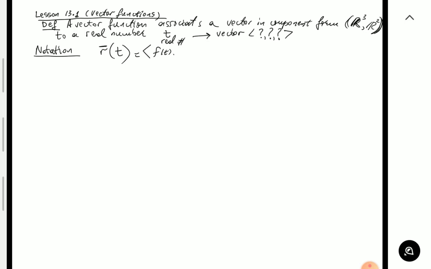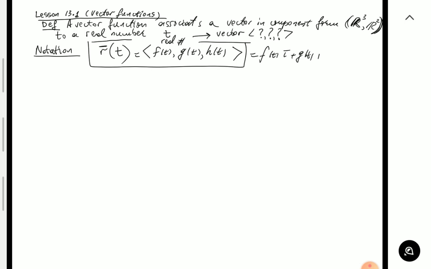So you're going to represent this by old-fashioned real valued functions, let's say f of t, g of t, h of t. All right. So to each t, you're going to associate a vector, whose components will depend on t as well. And obviously, if you want to use the standard basis notation, you can write it as a linear combination of the standard unit vectors i, j, and k.